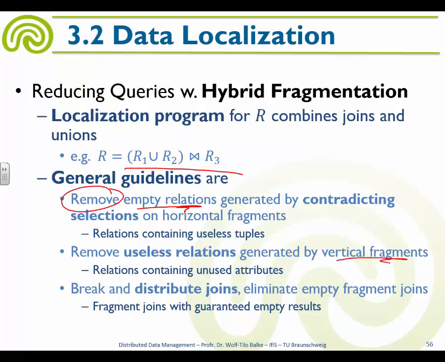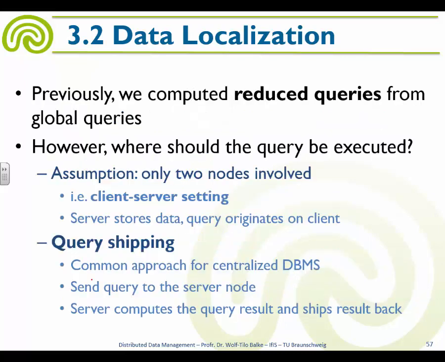If you have vertical fragments whose attributes you don't use, just remove them. You couldn't care less for the values of that attribute. And finally, if you have empty fragment joins between fragments that cannot produce results, just break them and don't do those parts that do not produce anything. Okay? Simple localization rules.